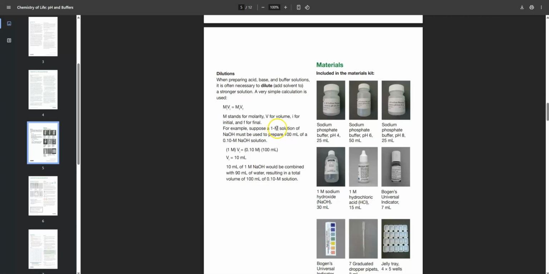They said, suppose a 1 molar solution of sodium hydroxide is used to prepare 100 milliliters of a 0.10 molar solution. The first measurement they give you is the initial molarity. You are not sure yet what your initial volume needs to be, because we need to know how much of that solution to use.